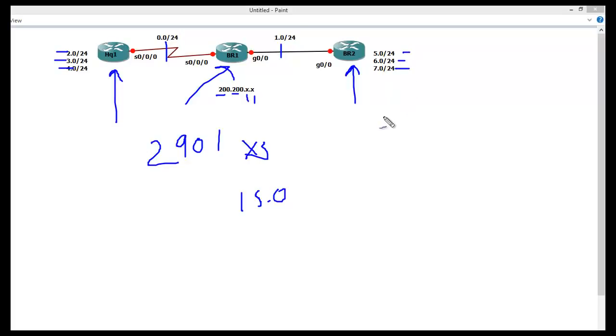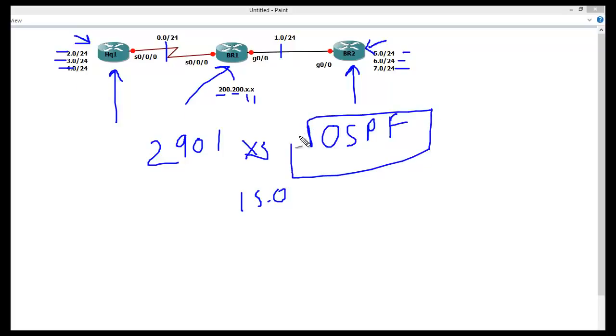These are the loopback addresses going to connect with branch router 2 as well as headquarter router 1. And then after, I also used OSPF as a routing protocol so that they come to know the routes, or they exchange their routing information using OSPF.